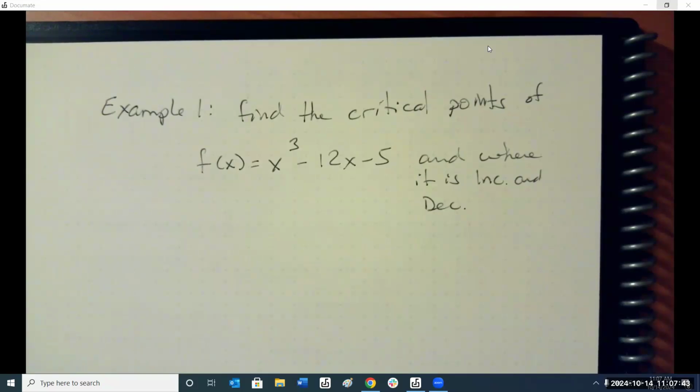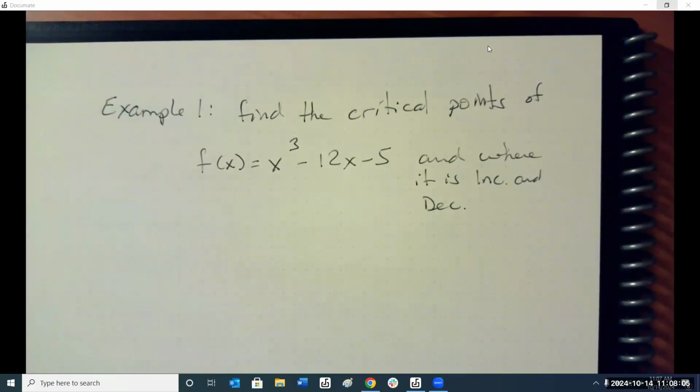All right, so let's look at what they mean by critical point, or in this case, critical values. The critical values are points in which it doesn't have a slope. Their slope is 0.